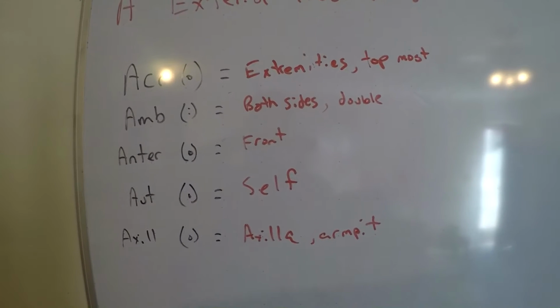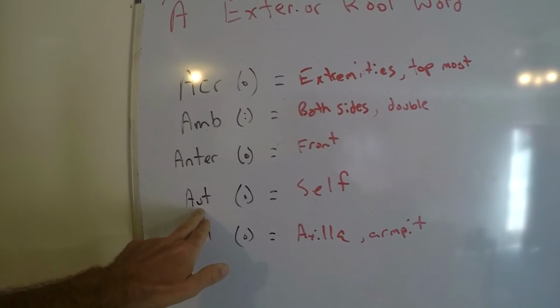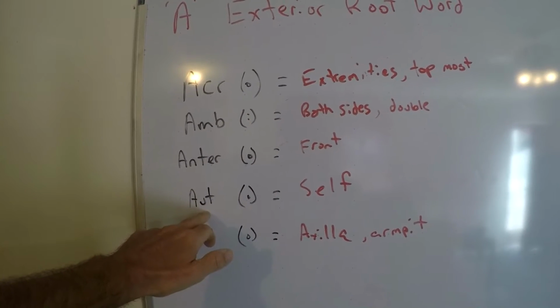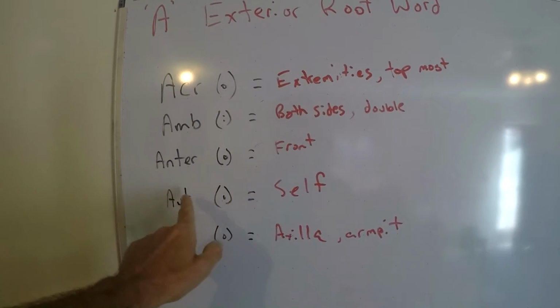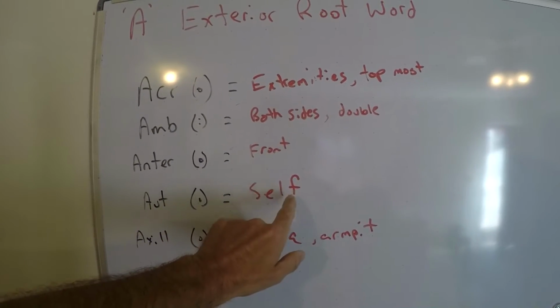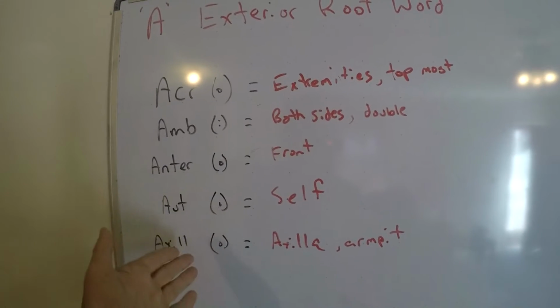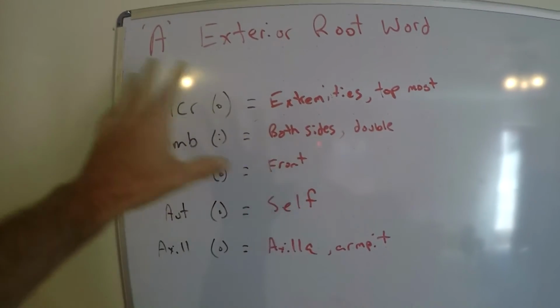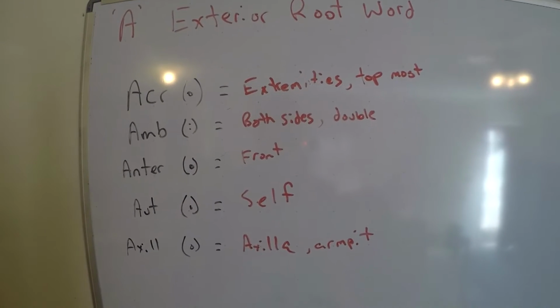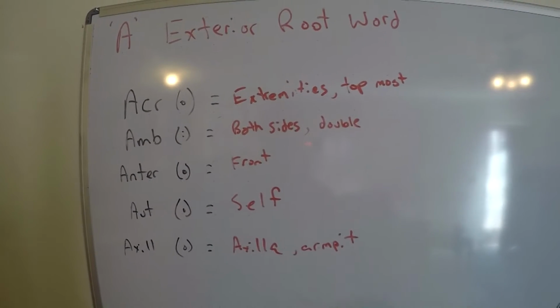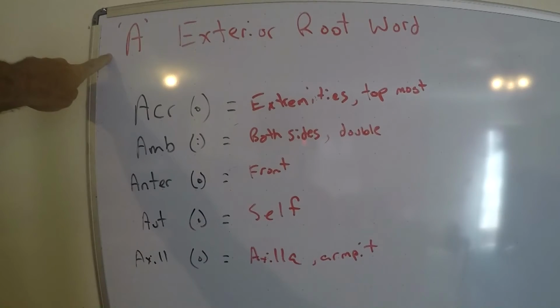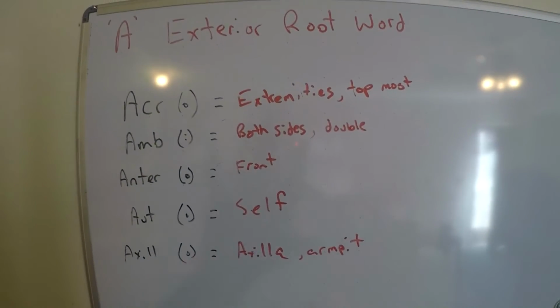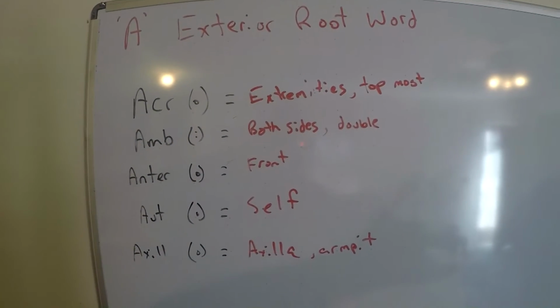For instance, just to give you an instance, alt. I think of auto, an automobile. Well, only one person drives an automobile, so self. And see, that may not make sense to you. That's why I'm not going to go through all of them, but it makes sense to me. So do what you need to do to memorize these. And then in just a second, we're going to look at the B's and the C's. And this video is just going to focus on the A, B's, and C's.